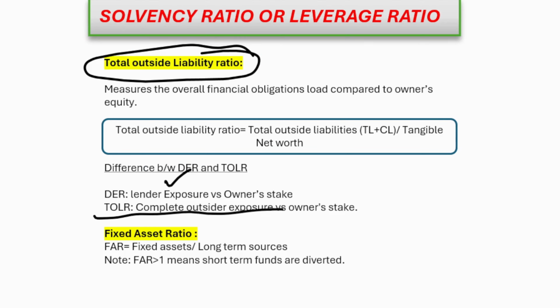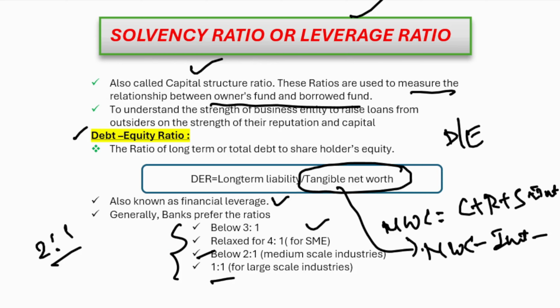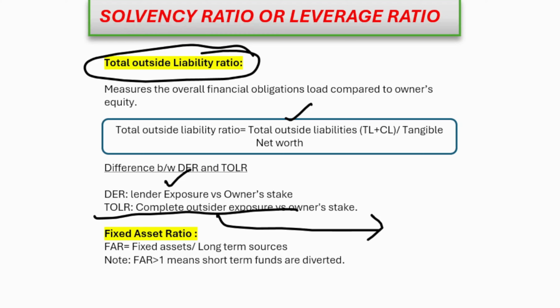But total outside liability deals with the complete outside expense or complete liability. Got it? In the debt equity ratio, the name itself says debt, and debt is long-term liability. Here, total liability: term loan plus current liability, that is term liability plus current liability, by tangible net worth.